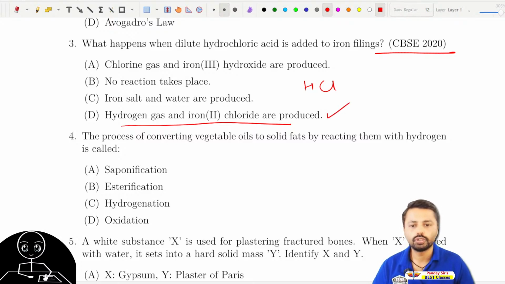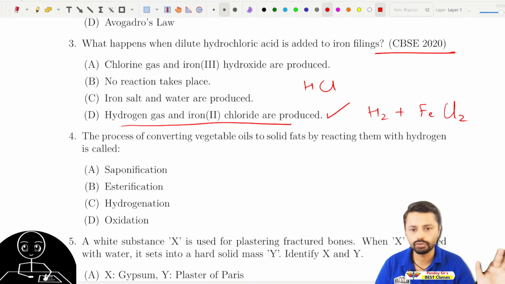Okay, so iron 3 chloride or iron 2, iron 2 chloride, that is FeCl2. So we get H2 plus FeCl2. Full reaction I'll write down, so that you won't get confusion.